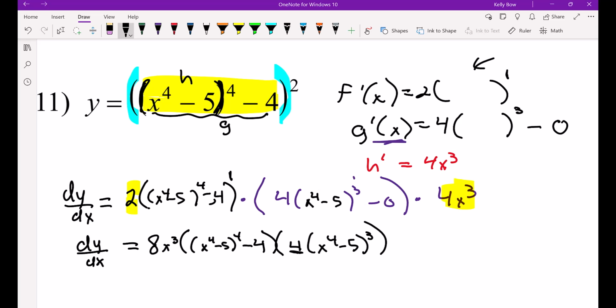We could have actually multiplied this out front. So I'm just going to cross that off, and I'm going to put 32 right there. Because this has an exponent of 4 and this has an exponent of 3, I'm going to go ahead and let you leave it just like that.